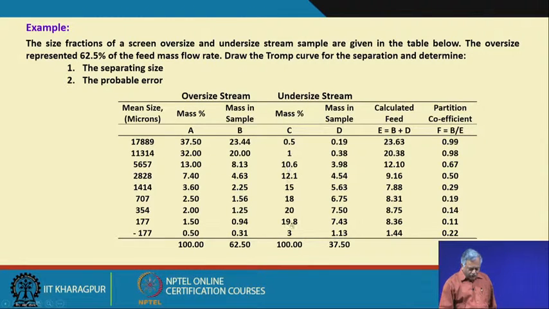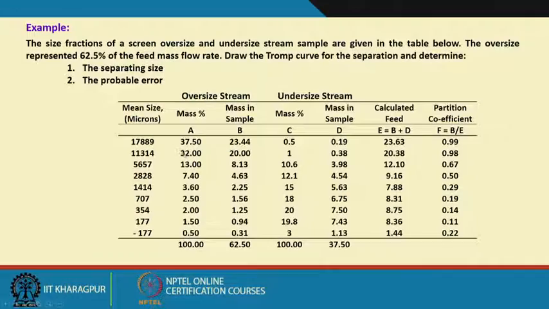Like that, all the individual numbers reported in column C multiplied by 0.375, I should create a column called D like this. So, this is very conceptual: first, what is the total feed and how it is split.